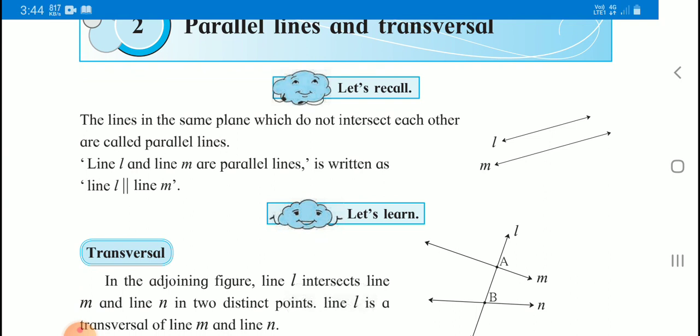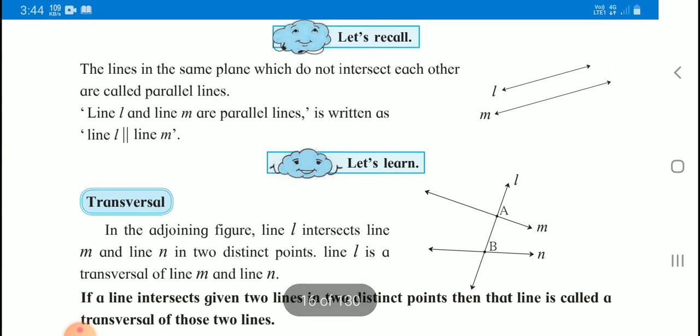Line L and line M are parallel lines and it is written as line L, two vertical lines, which is the parallel sign, line M. We can read it as line L parallel to line M. If the lines do not intersect each other, then they are known as parallel lines.